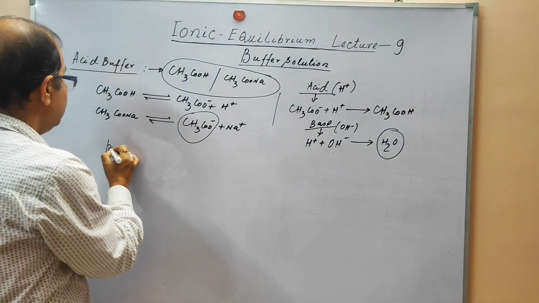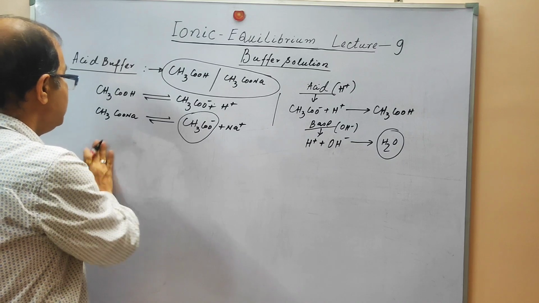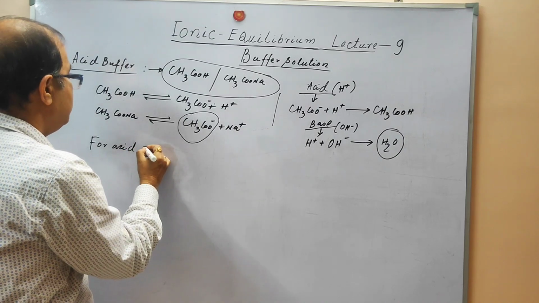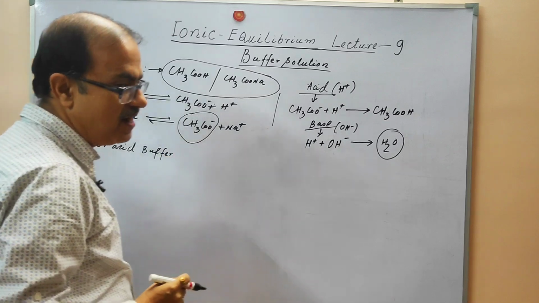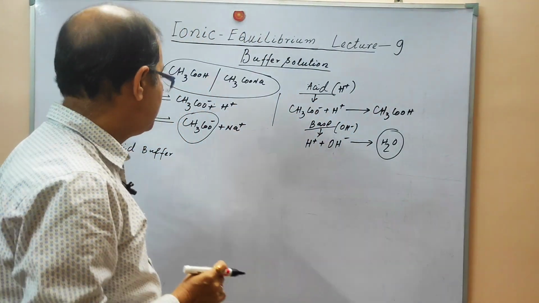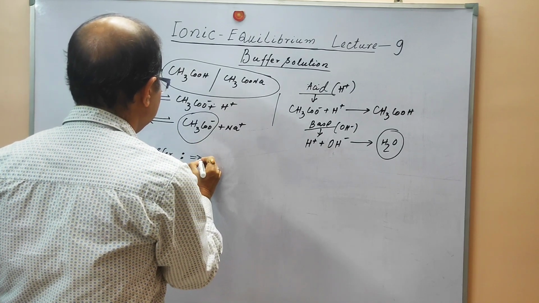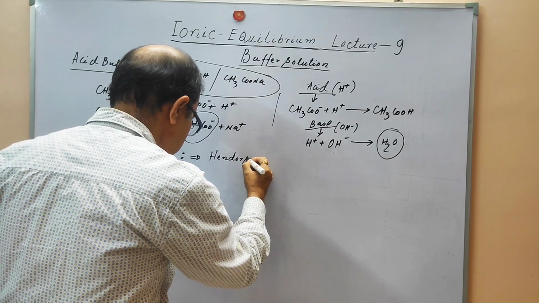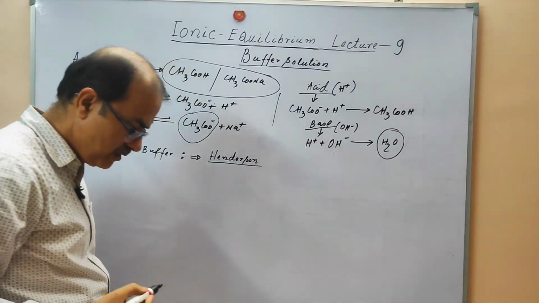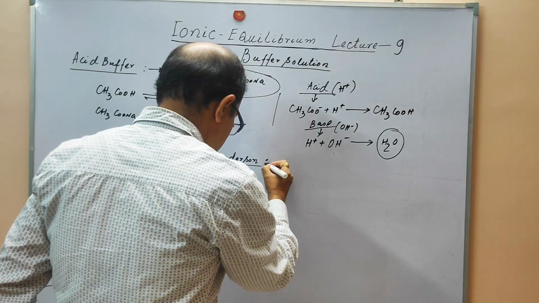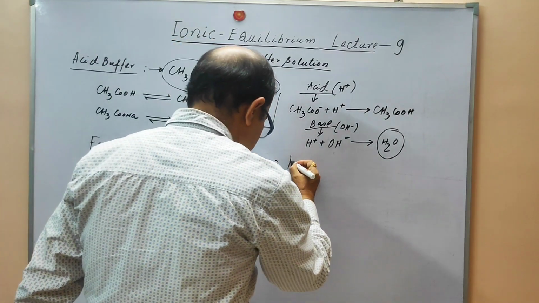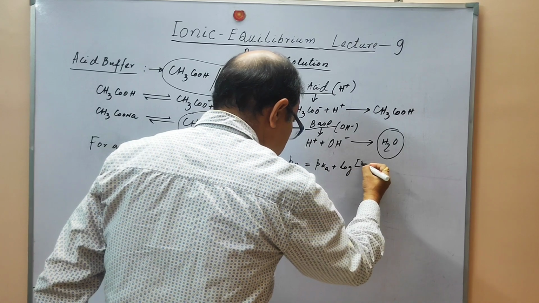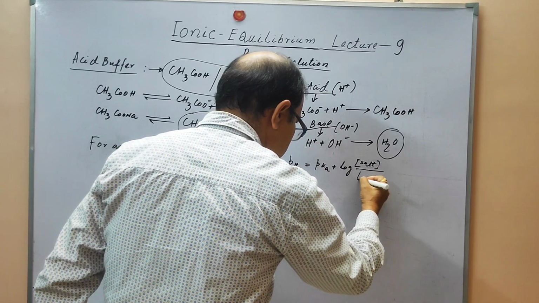For this we have a relationship for the acid buffer, and this relation is called Henderson's equation, or the Henderson-Hasselbalch equation. This equation says that when there is an acid buffer, the pH will be pKa plus log of concentration of salt by concentration of acid.